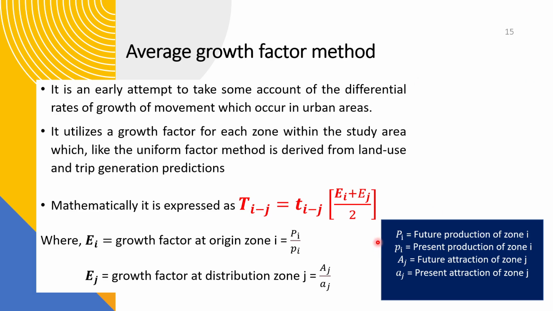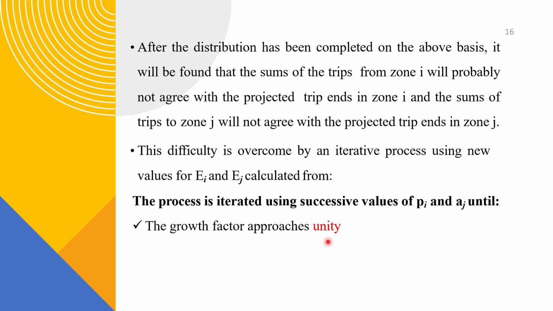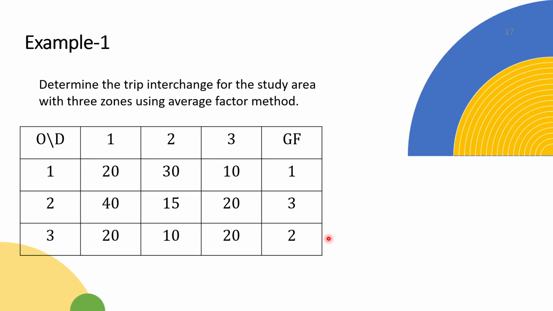Here you have to understand there are two E's: Ei indicates the growth factor at origin, and Ej indicates the growth factor at the destination zone. We have to do the same iteration again and again until we get all the growth factors near to 1 or equal to 1.